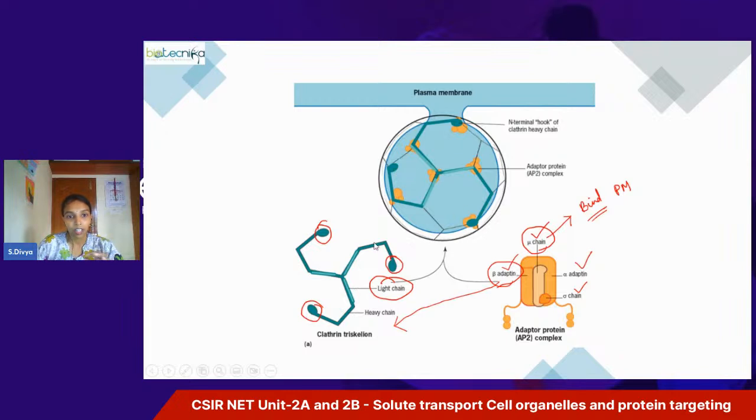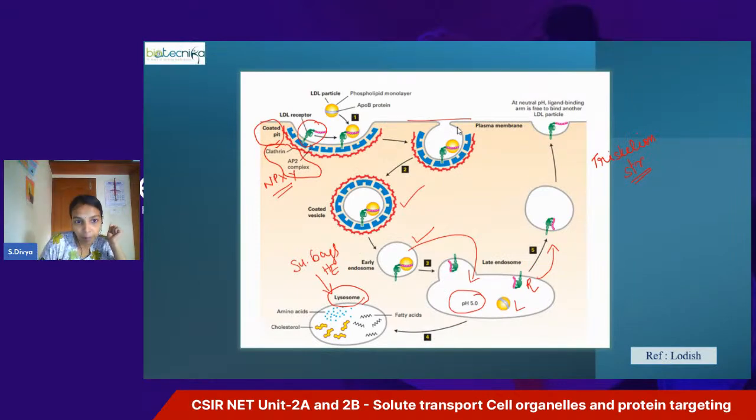So, now one more question over here. How are these adapter proteins recruited to the membrane? Do you remember who is responsible for recruiting the adapter proteins to the plasma membrane? Because if you see in this structure, the blue color one is the first to be recruited to the plasma membrane. So that means adapter proteins are first recruited, followed by which your triskelion structure is formed.